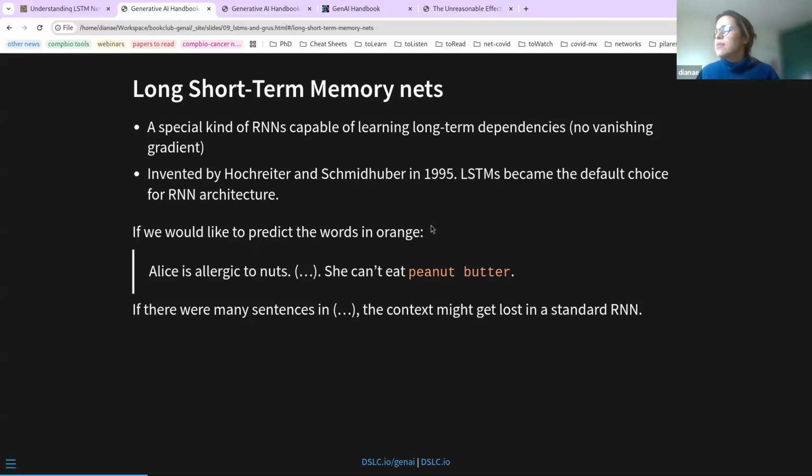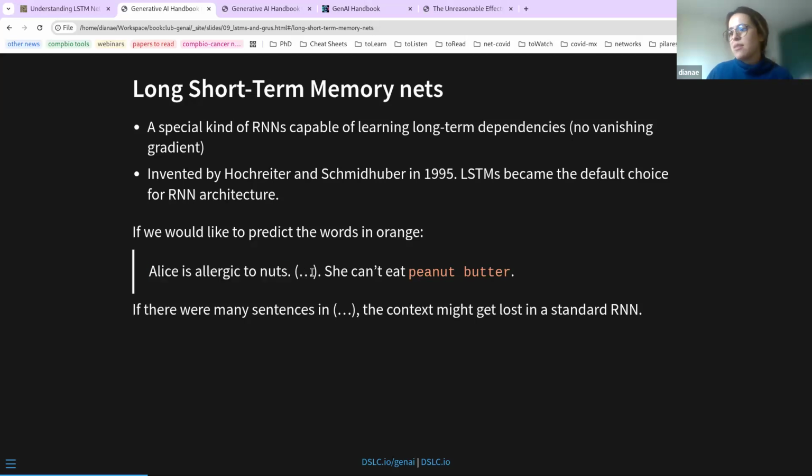And we can see in this very small example a relationship to what I was talking about, the vanishing gradient. If we have some text and that's going to be our sequence input, and we would like to predict the words in orange. So our text says, Alice is allergic to nuts.